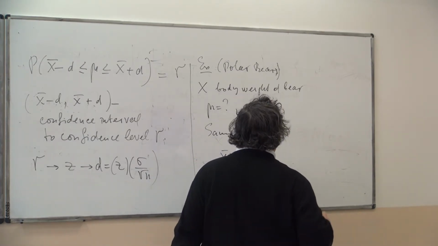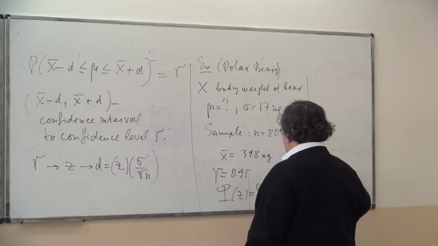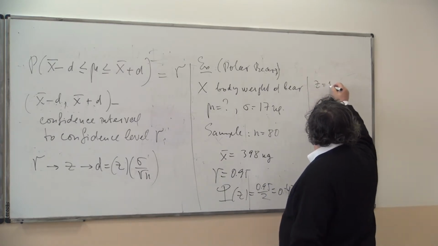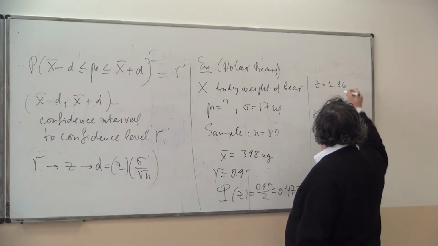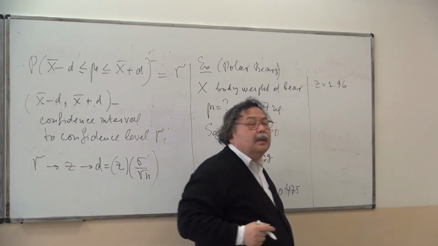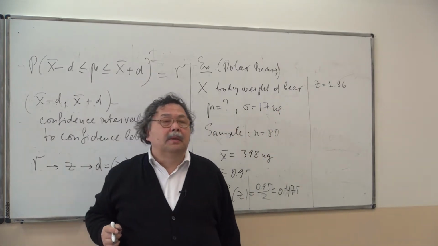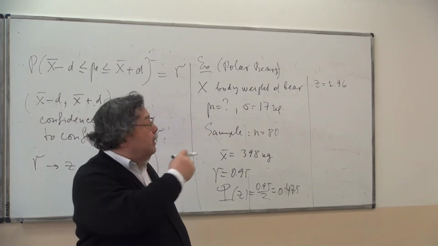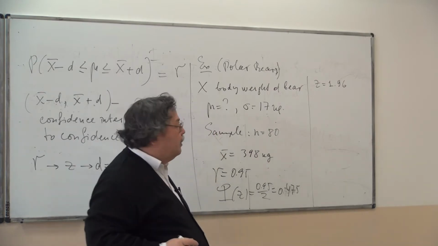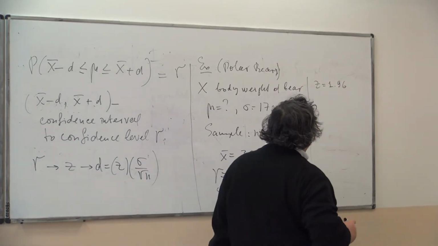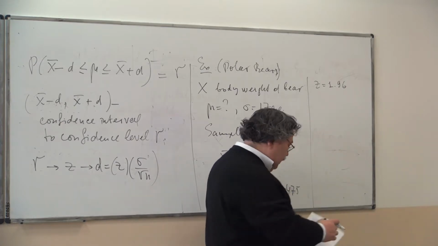We get this value for z. Okay, whenever gamma 0.95 is applied, we have to use this value for z. All right. So what is the confidence interval?